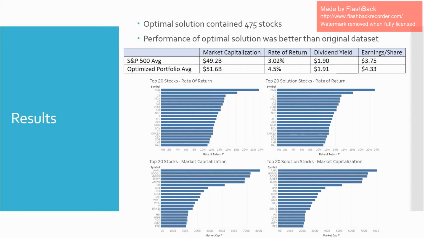The overall performance of the algorithm besides this was better than the S&P 500 as well. The average rate of return was 0.5% higher, and the average market capitalization was $1.4 billion higher. This table just gives an idea that across the board for the different financial variables, the optimized portfolio is performing better.